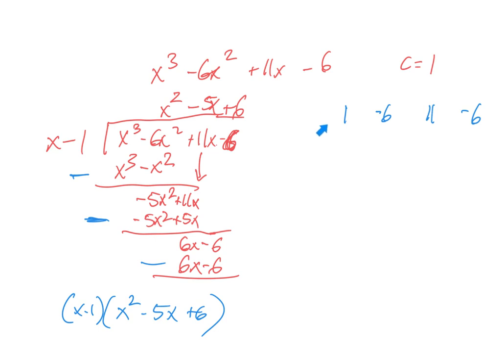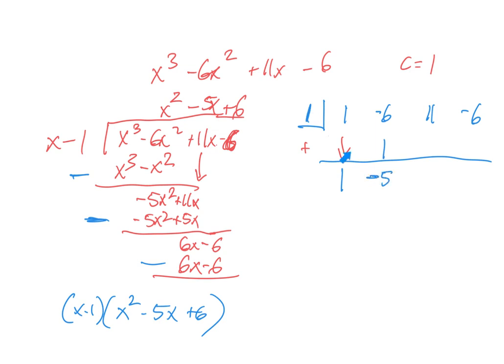All right, I am going to be dividing into that. My zero is 1, so I put 1 there. And then the process is I bring down the first term. The 1 comes down. And then I go 1 times 1 and I put it here. And then what I do when I do synthetic division is I add. So then this would be negative 5.